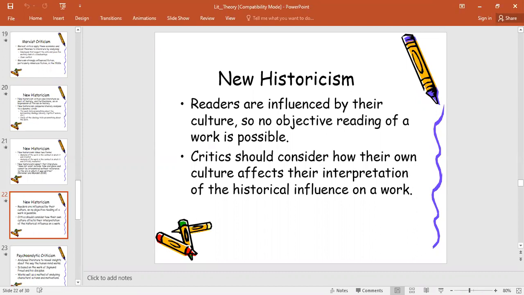Critics should consider how their own culture affects their interpretation of the historical influence on work. So now the critics are very much aware of the cultural effects. For example, if they are going to interpret the works of literature, then it will bring certain change in their cultures as well.